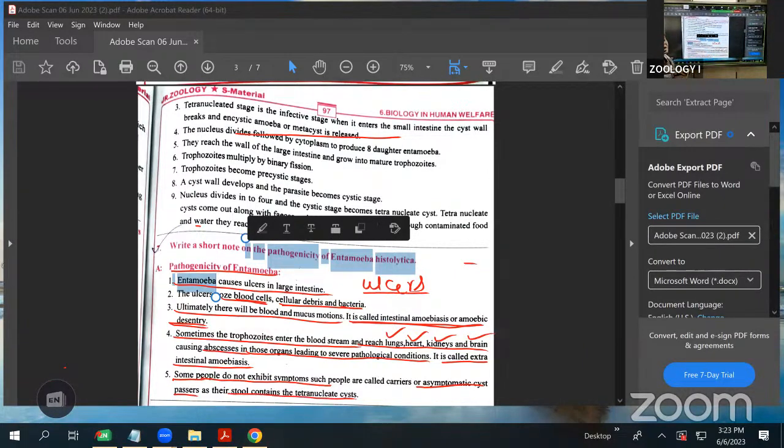The cyst can be passed from one human being to another. That's why we call them asymptomatic cyst passers. Clear? This is also an important part of the pathogenicity of Entamoeba histolytica.